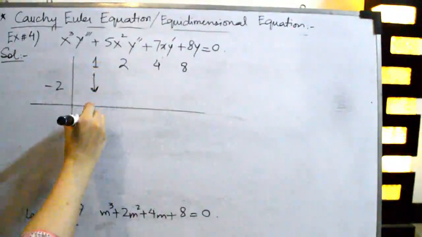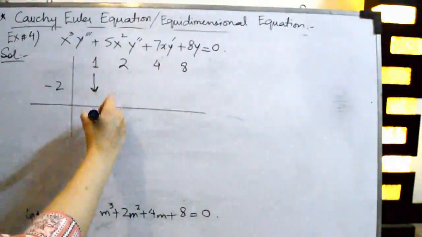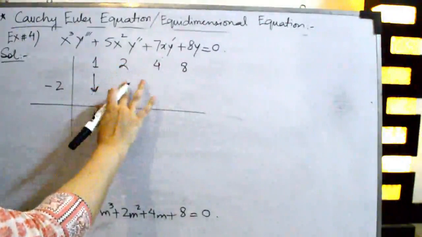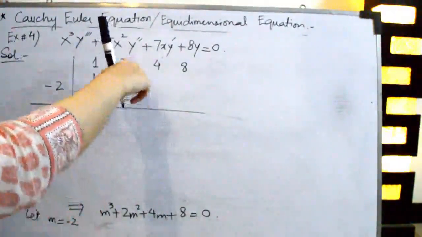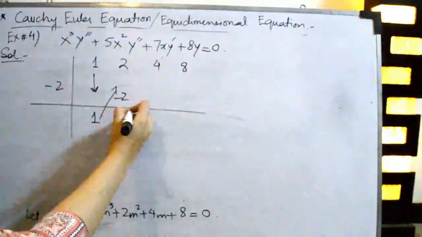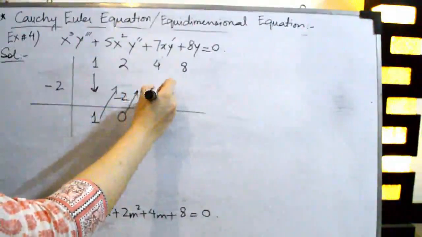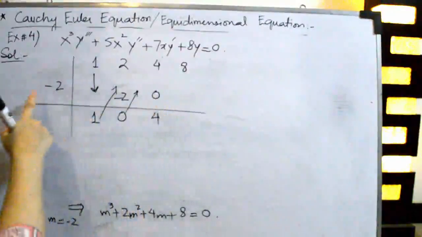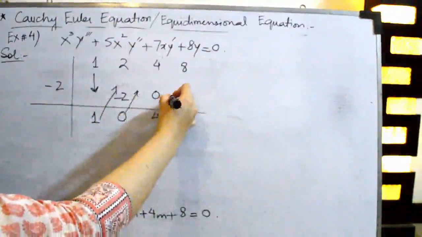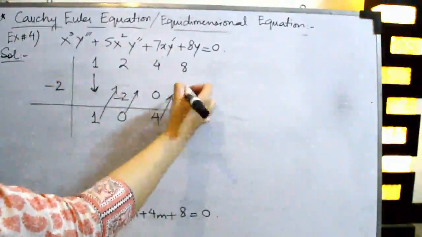So in the synthetic division, we bring down 1. Minus 2 into 1 makes minus 2, and 2 minus 2 makes 0. Again minus 2 into 0 is 0, so that makes 4, and minus 2 into 4 is minus 8.